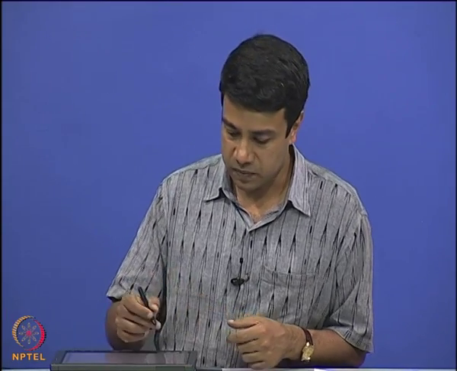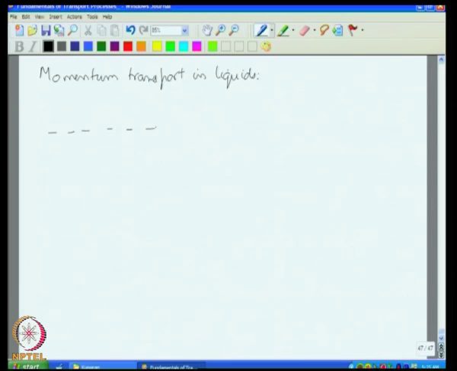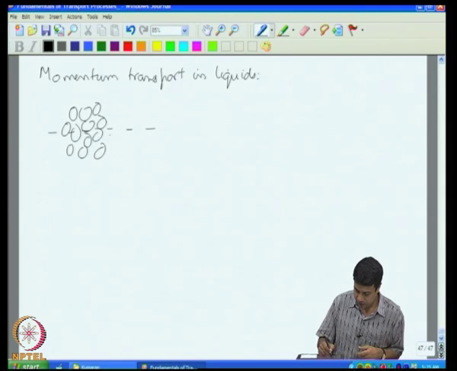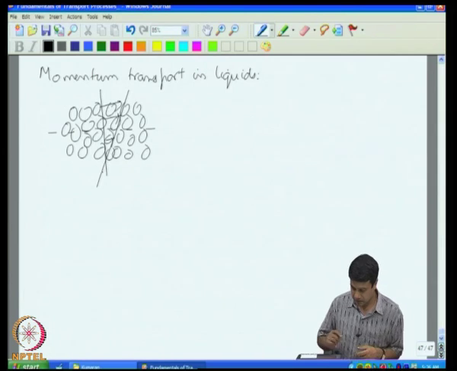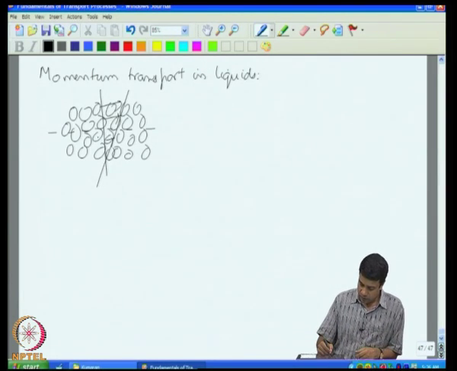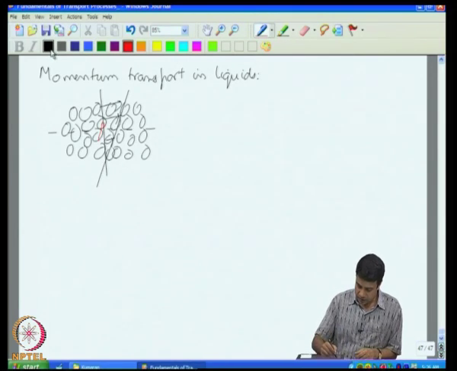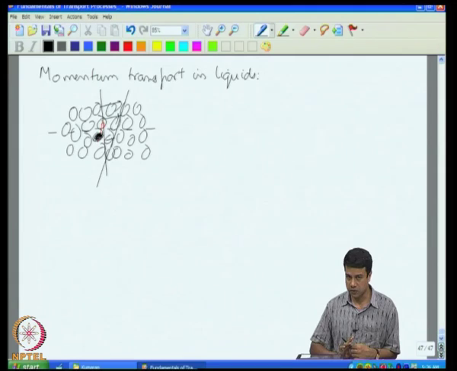That requires a physical motion of one particular molecule. Momentum transfer does not require the physical motion of a molecule. If I have some surface and a liquid in which the molecules are separated by distances comparable to the mean free path, and I apply a velocity gradient across, then for momentum to get transferred in any one direction, it is not necessary that one particular molecule actually move in that direction, because this molecule can transmit momentum to the adjoining molecule.